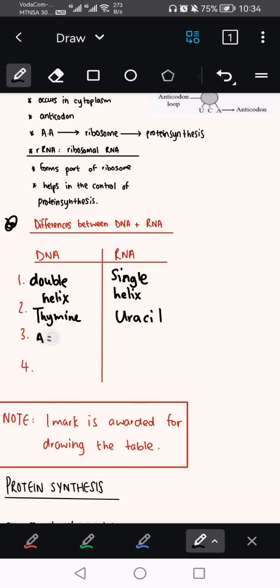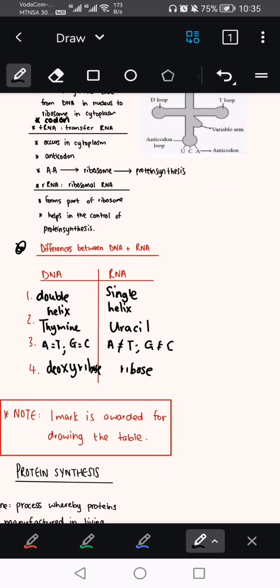In DNA, adenine is always equal to thymine, and guanine is always equal to cytosine. In RNA, adenine is not equal to thymine, and guanine is not equal to cytosine. The ratio is unequal. Another difference is that DNA has a deoxyribose sugar, and RNA has a ribose sugar. Those are some differences. Normally they only ask you up until 4.